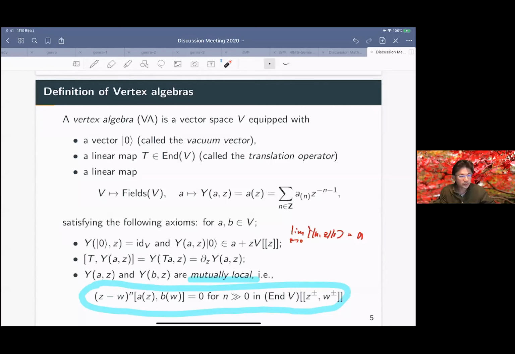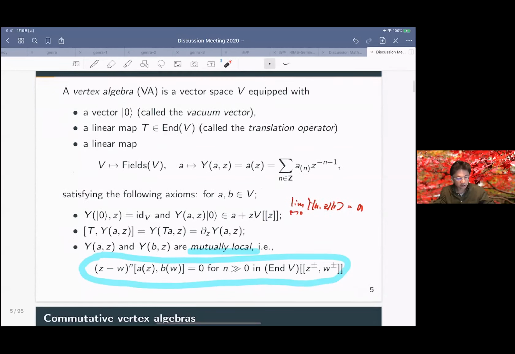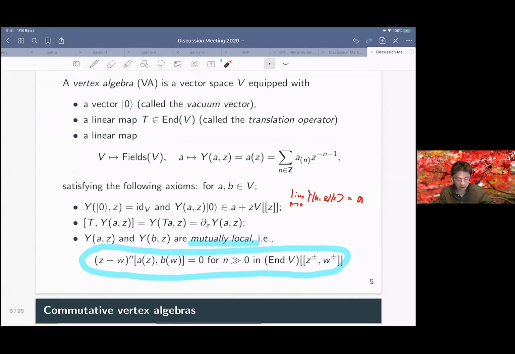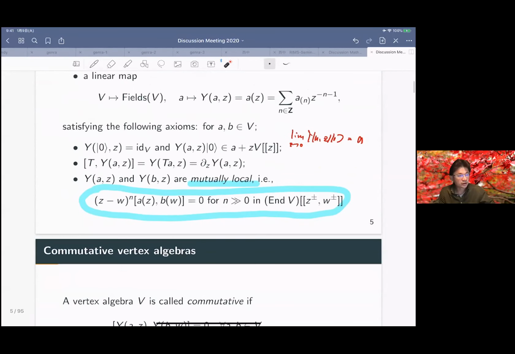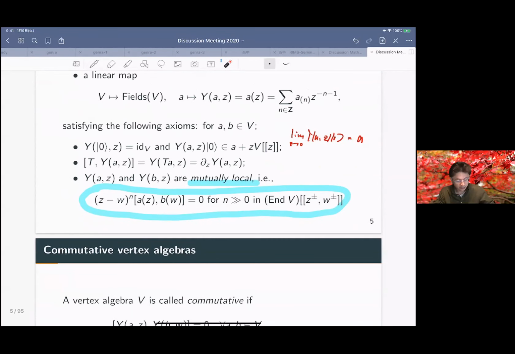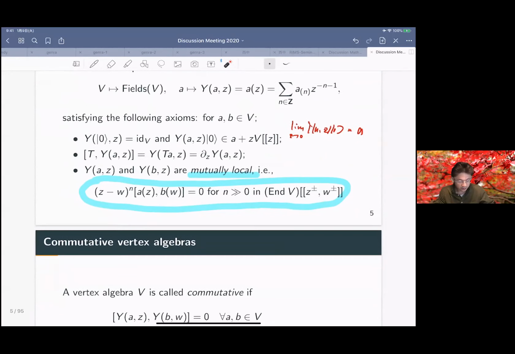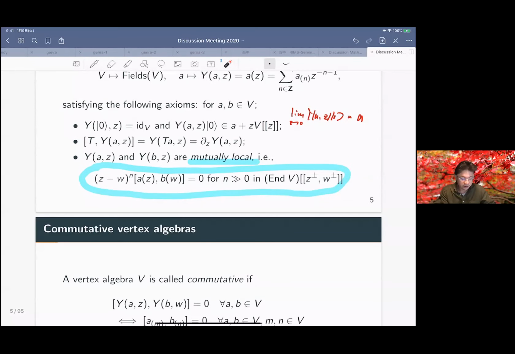I'm going to spend some time to explain what this locality means. But first, let me explain the simplest case, that is, when the vertex algebra is commutative. A vertex algebra is called commutative if this is already 0 without multiplying by any power of z minus w.